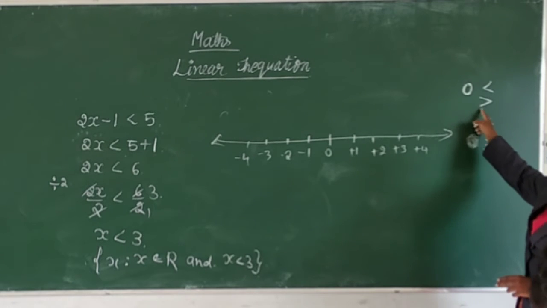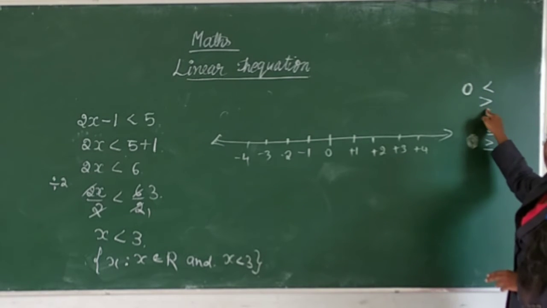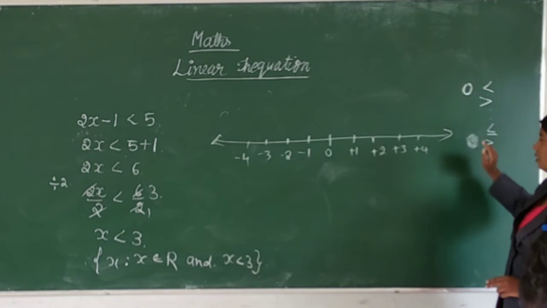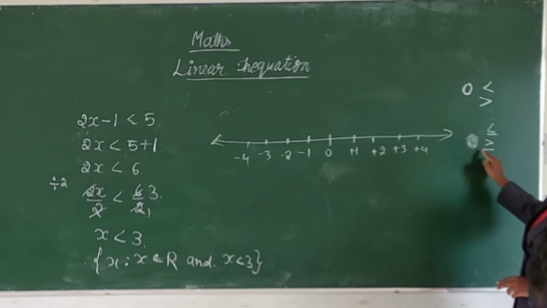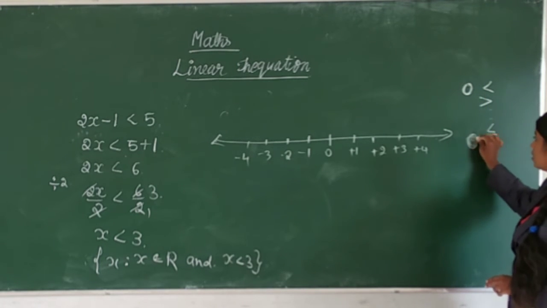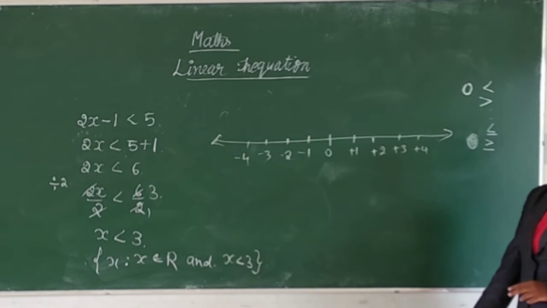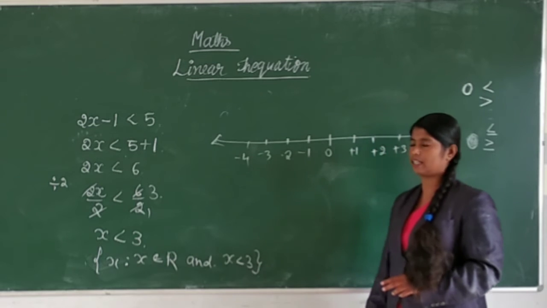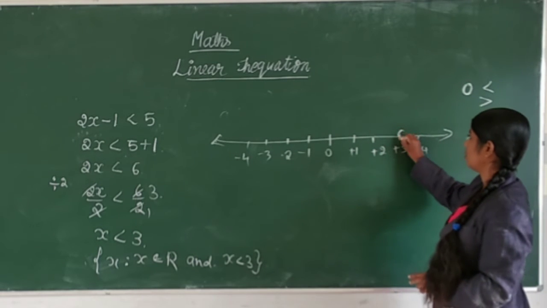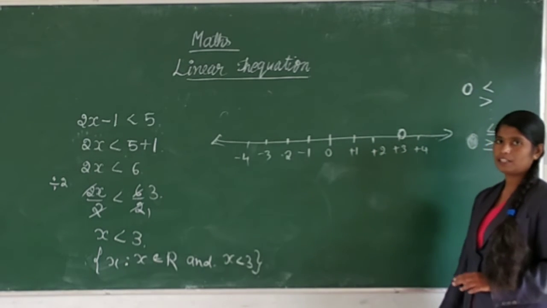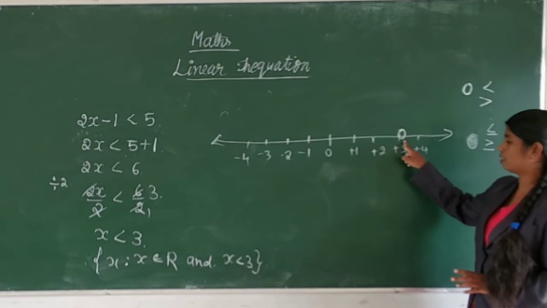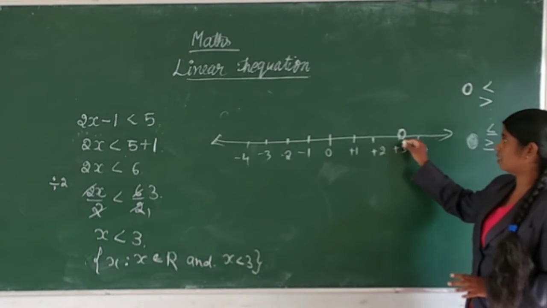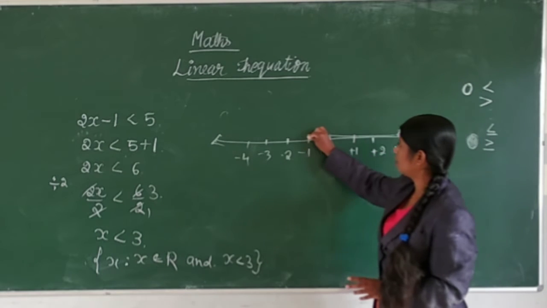Be clear with this? Less than and greater than, this is a hollow circle. Less than or equal to, greater than or equal to, then a circle with shade inside that. So here we have x is strictly less than 3. So we mark on 3 with a hollow circle. Did you understand? We have to mark on the positive 3 with a hollow circle and draw our line backside.